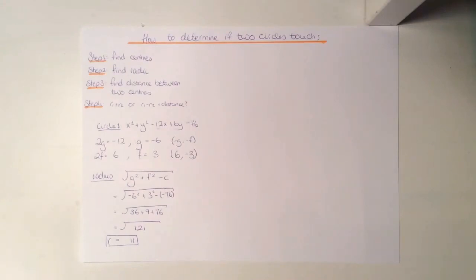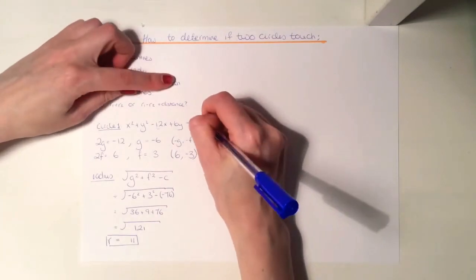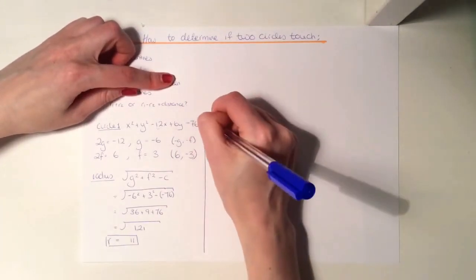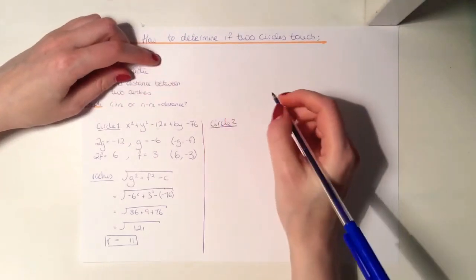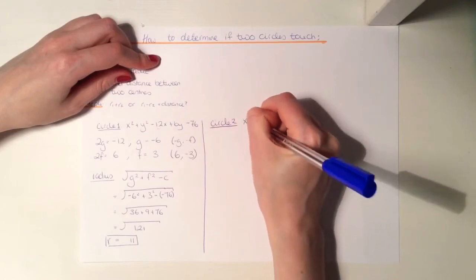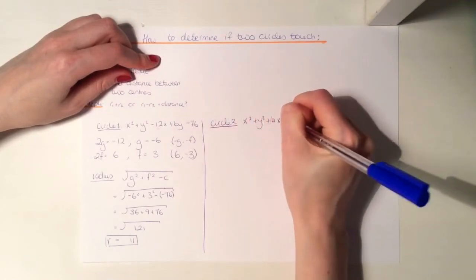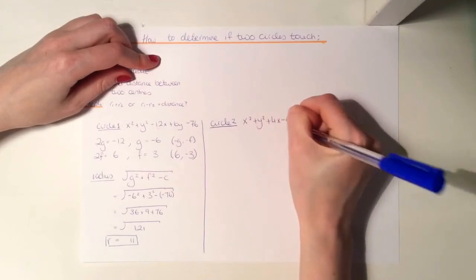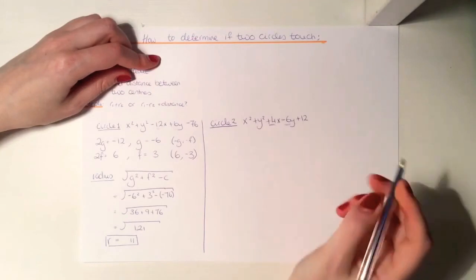Now that's one circle. That's circle 1. Okay, so now we need to do the exact same thing with circle 2. And circle 2 is given to us by x squared plus y squared plus 4x minus 6y plus 12. So again, I'm looking here and here.